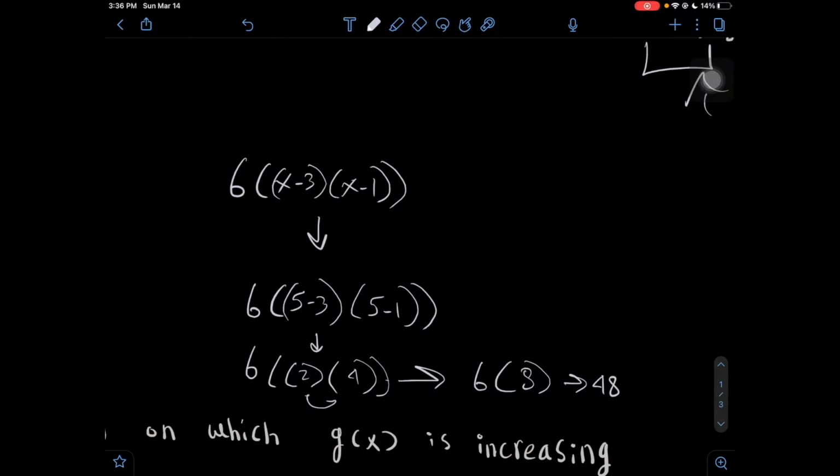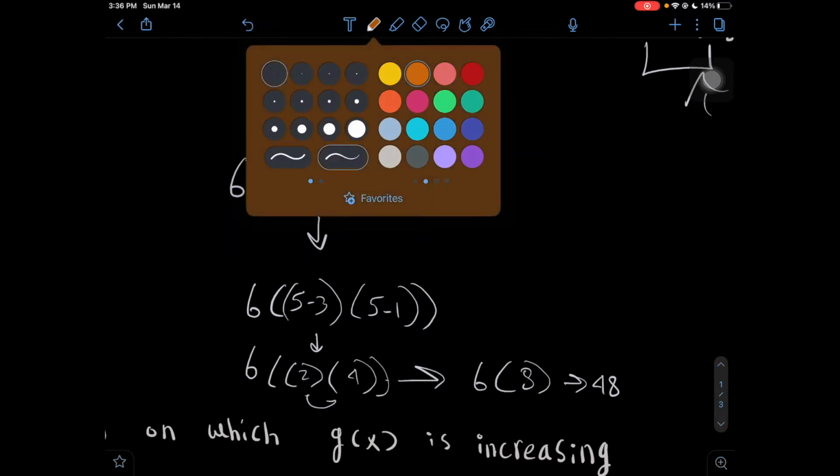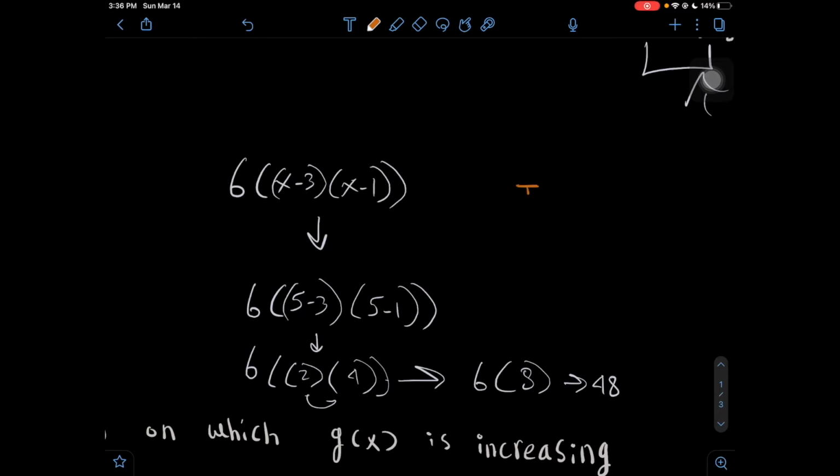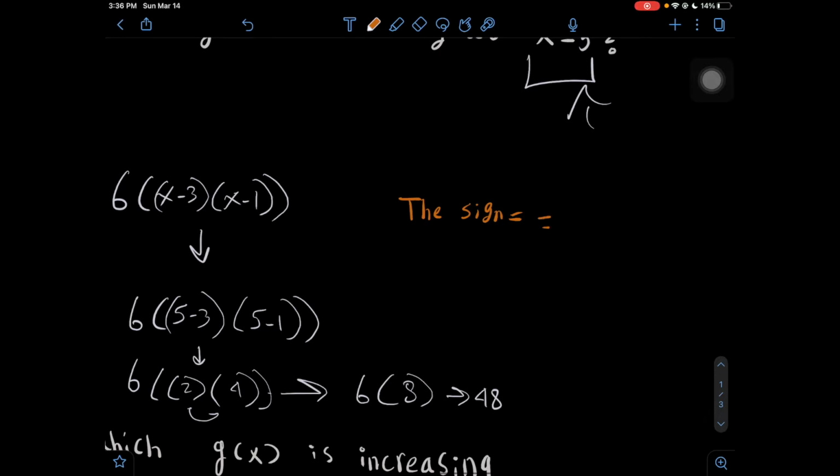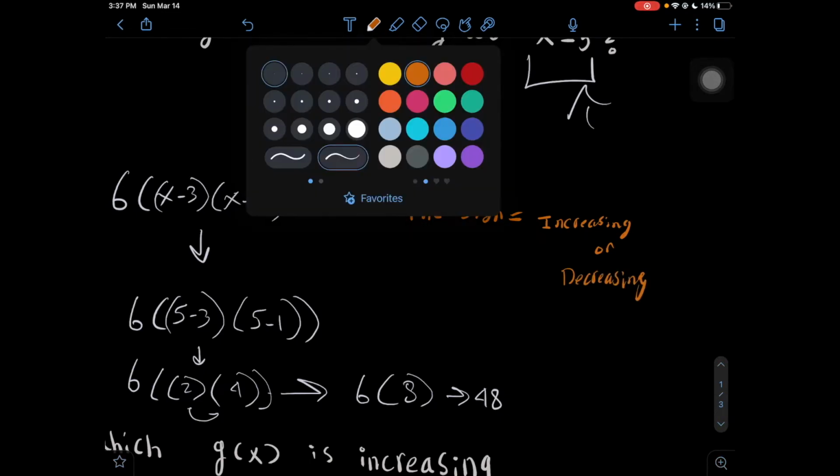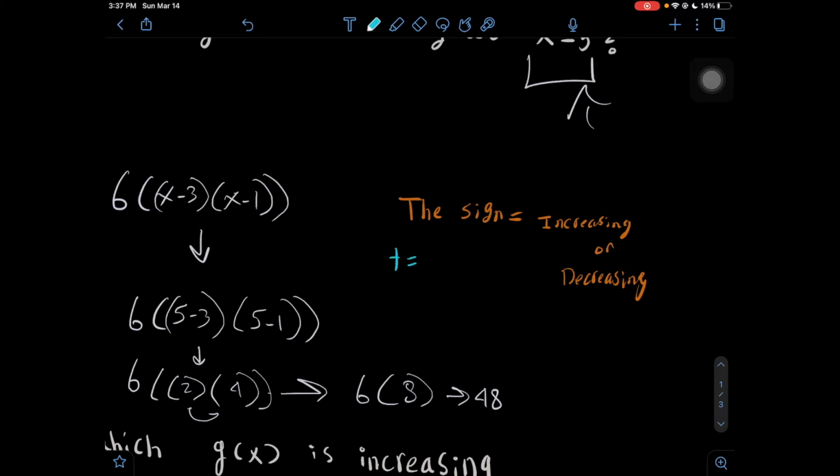Now the main thing you want to remember, and I'm going to write it up here in orange, is that the sign equals increasing or decreasing. So if we have a plus, this means we have a positive value.